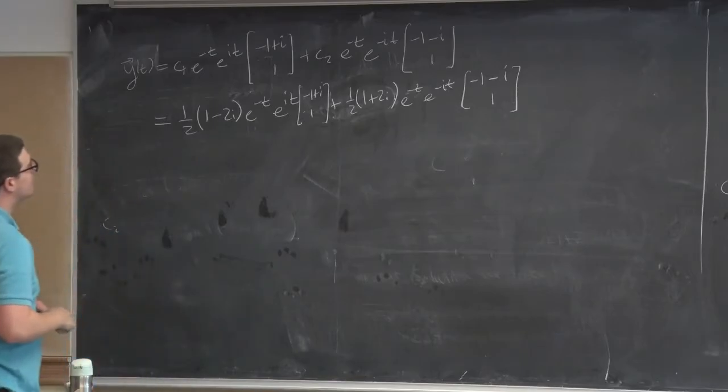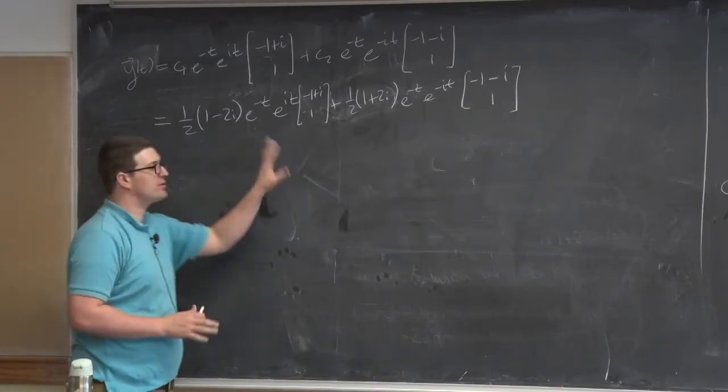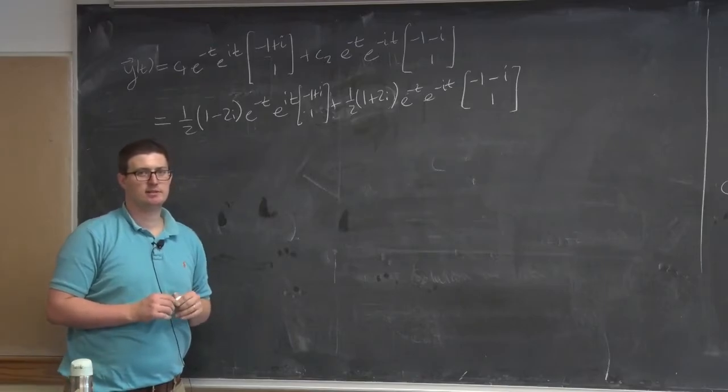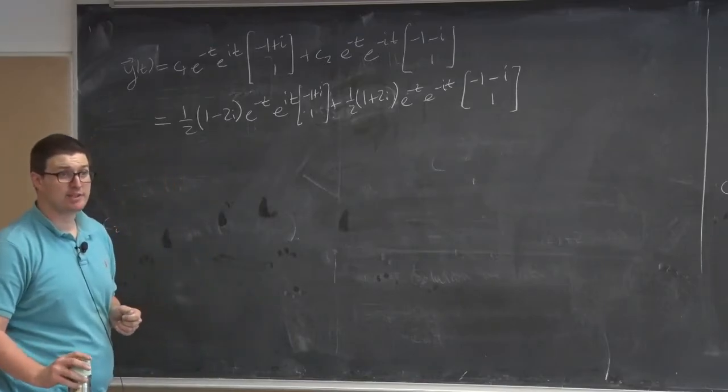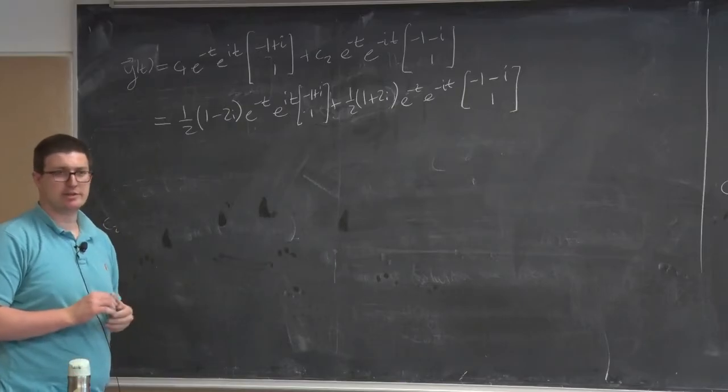Okay. Can anyone see why this is real? This is something maybe we should get better at. So is there a symmetry between these two things? Yeah, they're complex conjugates, right? And so what happens when you add two complex conjugates?